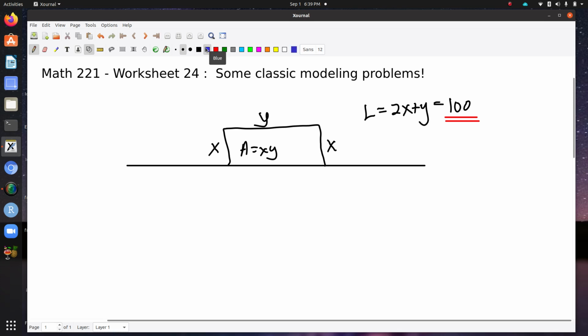So the way you go about doing this is you solve, let's say, for y, okay, and then you put that in the area formula. Okay, and then you take the derivative.